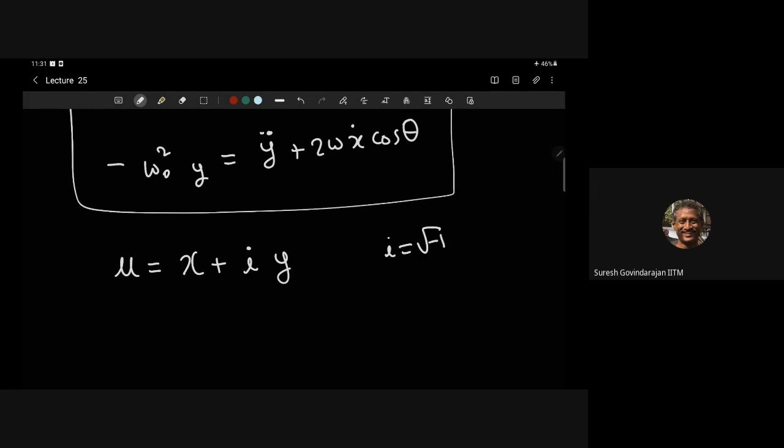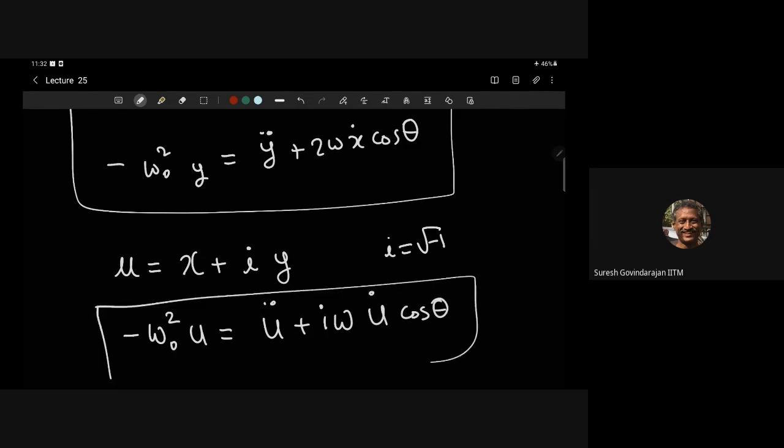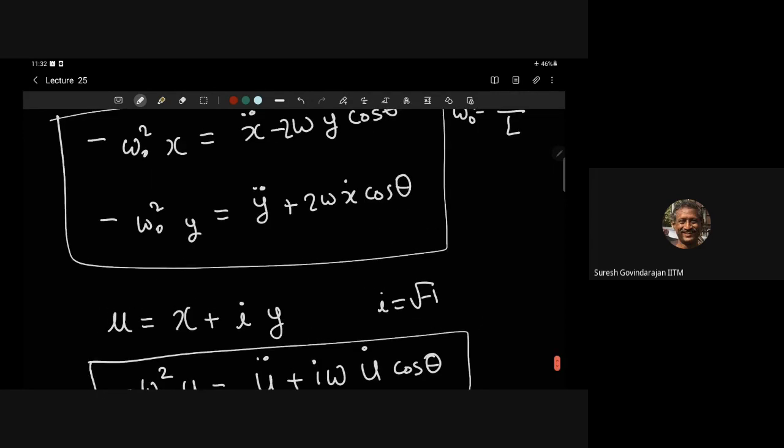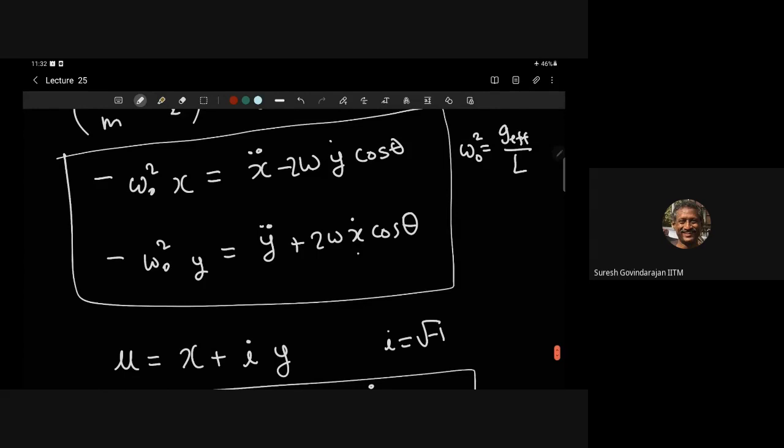Then this equation nicely combines into a complex equation: omega naught square U is equal to U double dot plus 2I omega U dot cosine theta. Where does the I come from? Because of X dot, this particular term comes that way.